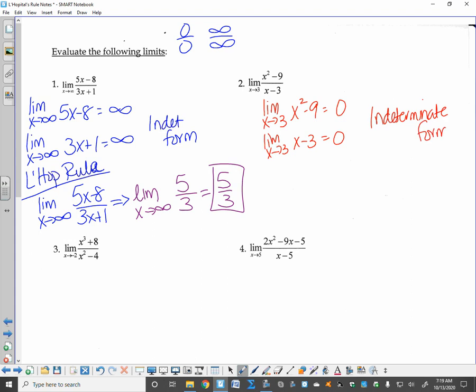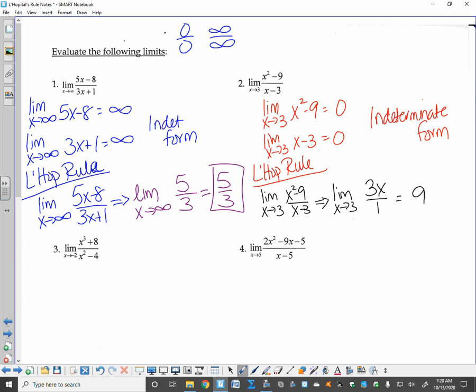Indeterminate form. Invoking L'Hopital's rule, which means that the original limit can become, okay, derivative, and then evaluate.